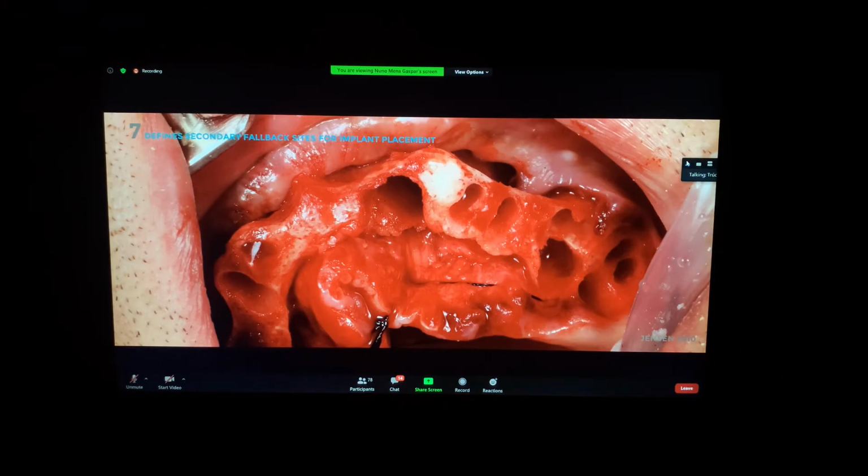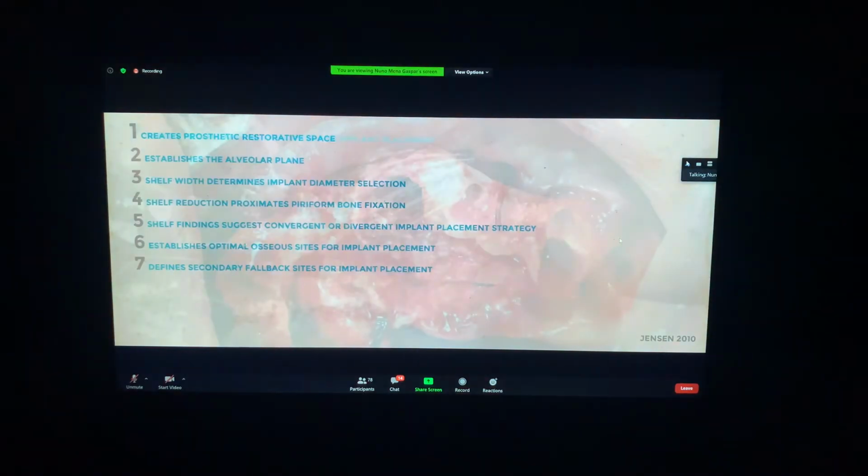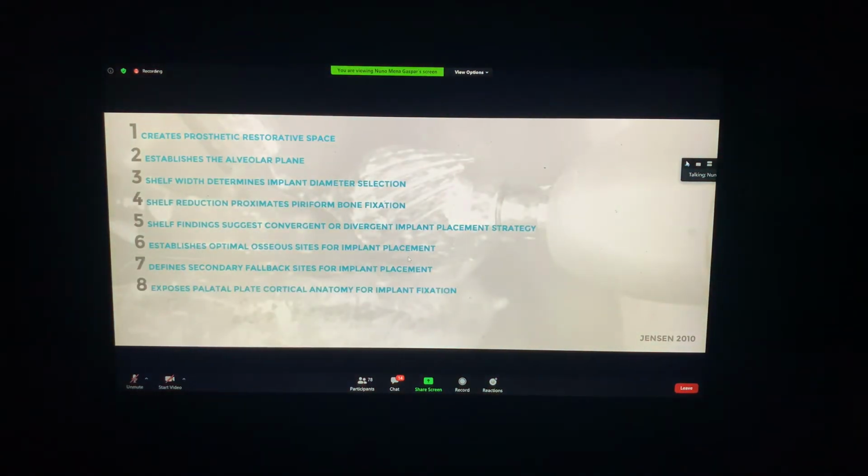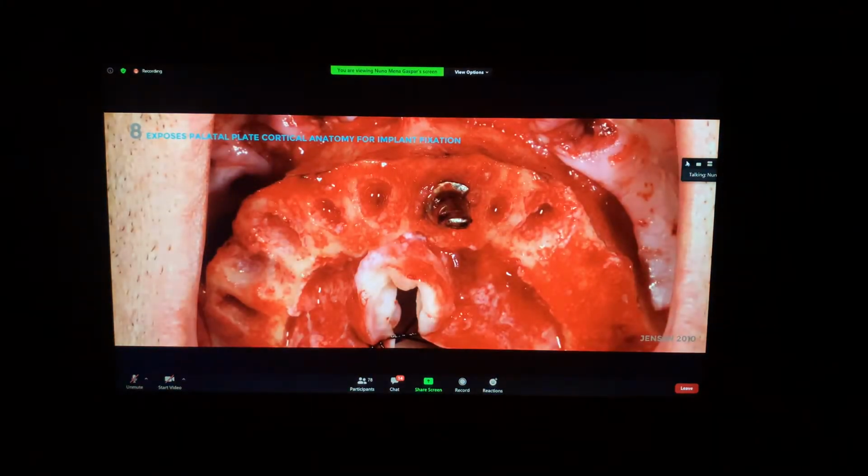Okay, that's better. Also, after bone reduction, we can expect to have the palatal cortical bone available. Okay, and we should place our implants towards the palatal plate, and if you can see it, it's easier also.